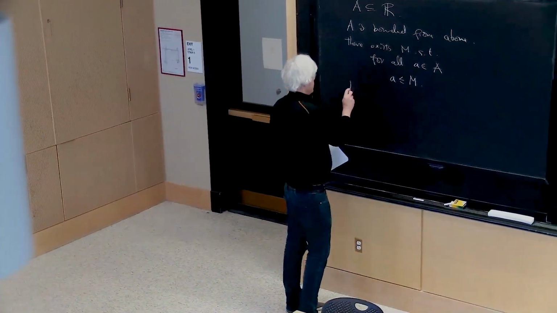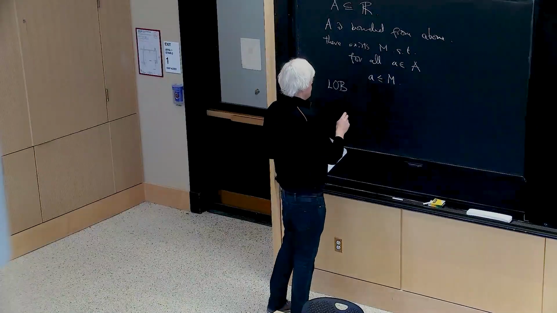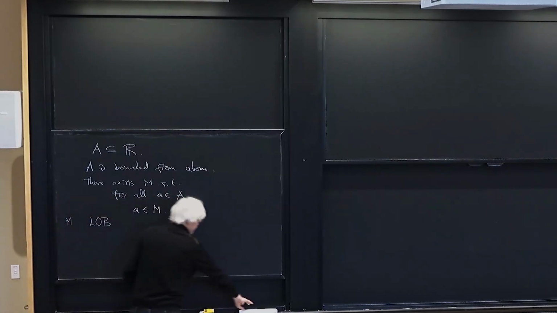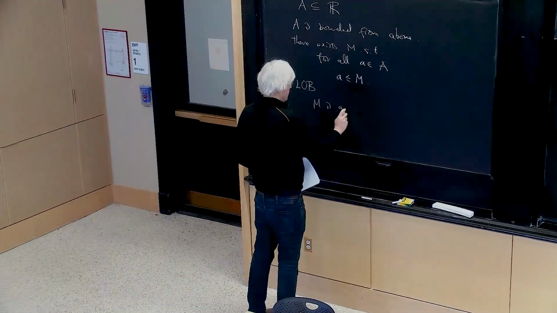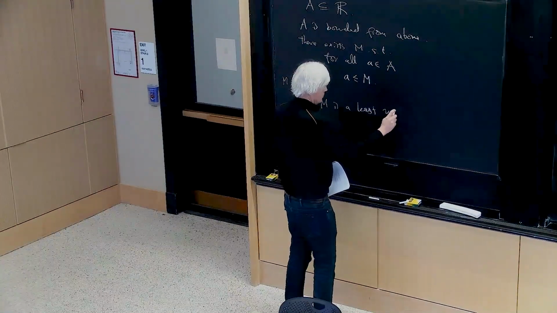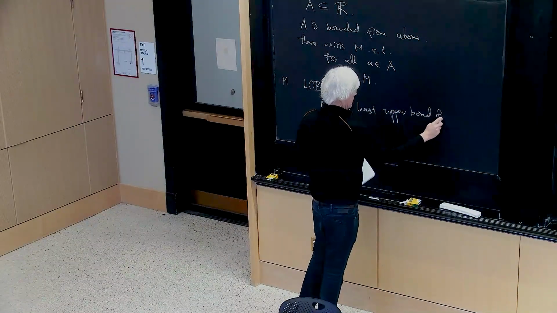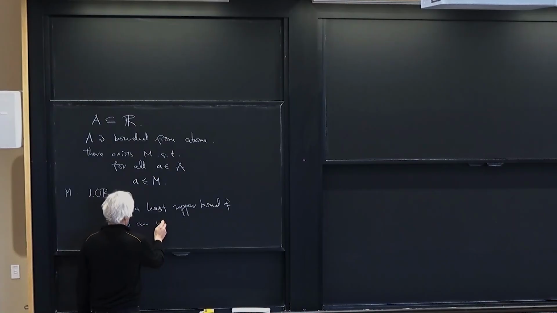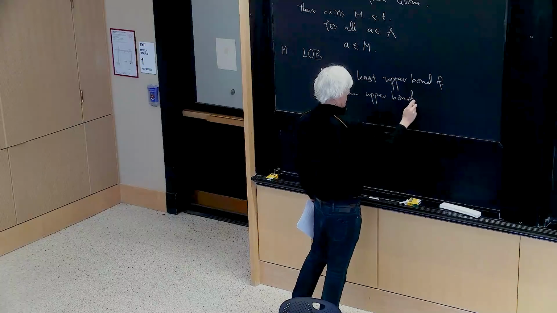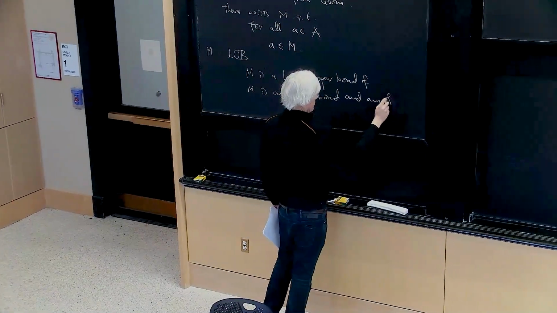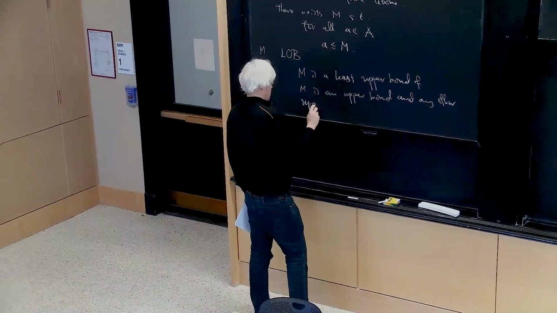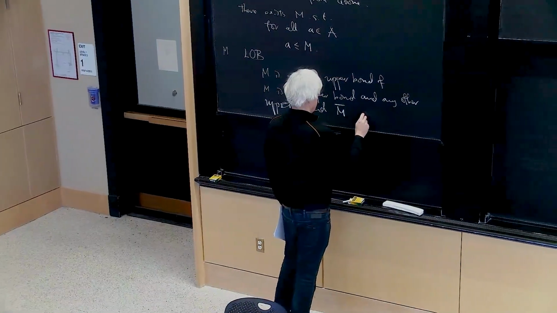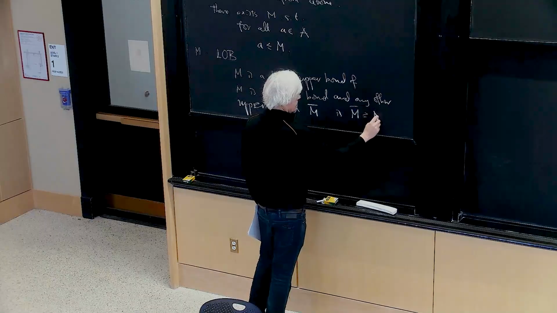And now the least upper bound. This is a number M. M is a least upper bound if M is an upper bound, and any other upper bound, let's call it M bar, is bigger or equal to M. Right?